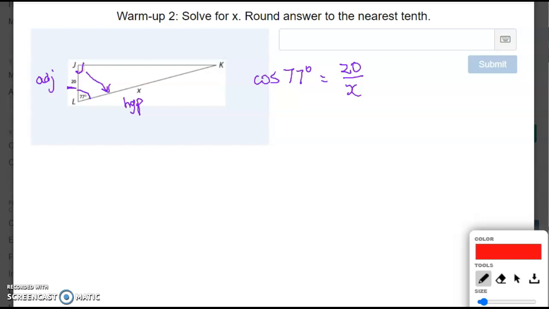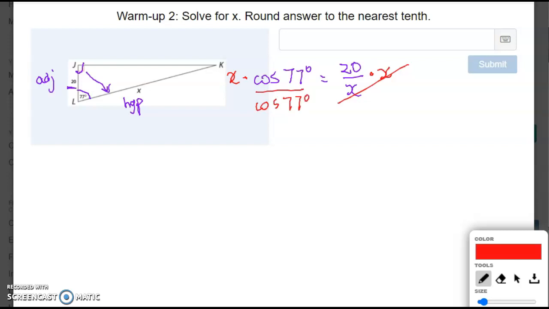So now we see x is the denominator. In this case, you need to multiply both sides by x first to bring the variable x to the top. This cancels out and you are left with cosine of 77 is equal to 20. And then from here, I need to divide both sides by cosine of 77 degrees.